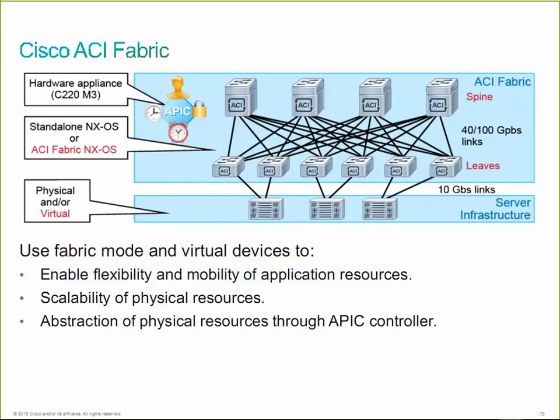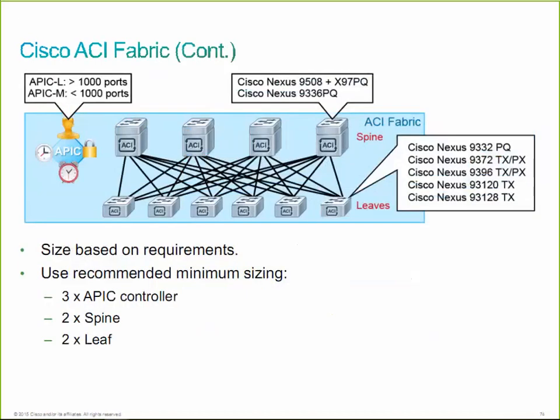So if I look at this diagram here, it identifies a set of devices that are used to build this ACI Fabric. There are some minimum sizing requirements that Cisco recommends, and this would be something that might be on the test, but I don't know if you guys can let me know if you saw something like this on there. But the minimum size, there should be 3 or more controllers.